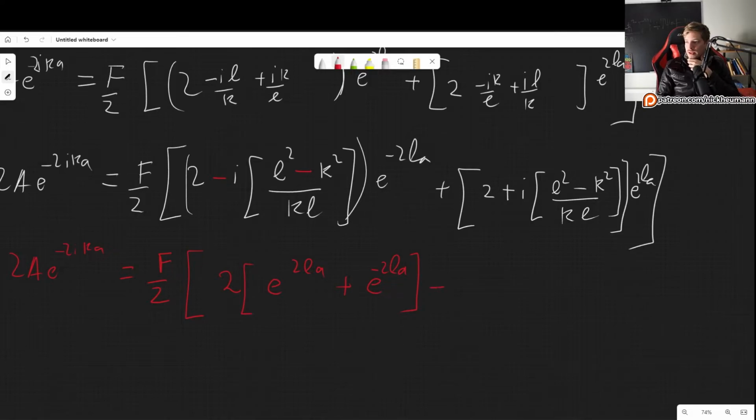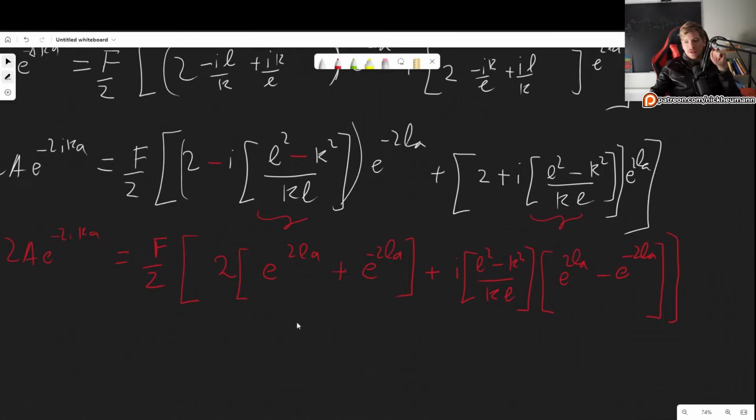Now we get plus i factor of L squared minus K squared over KL. So I'm going to take this part and this part, and we get a 1 from here. So we get e to the 2La minus e to the minus 2La. There we go. And one more parenthesis.